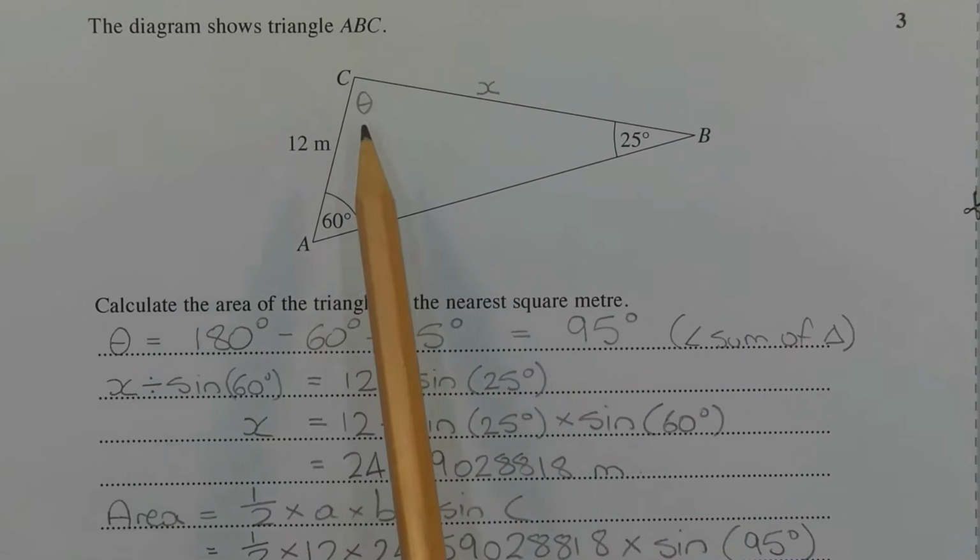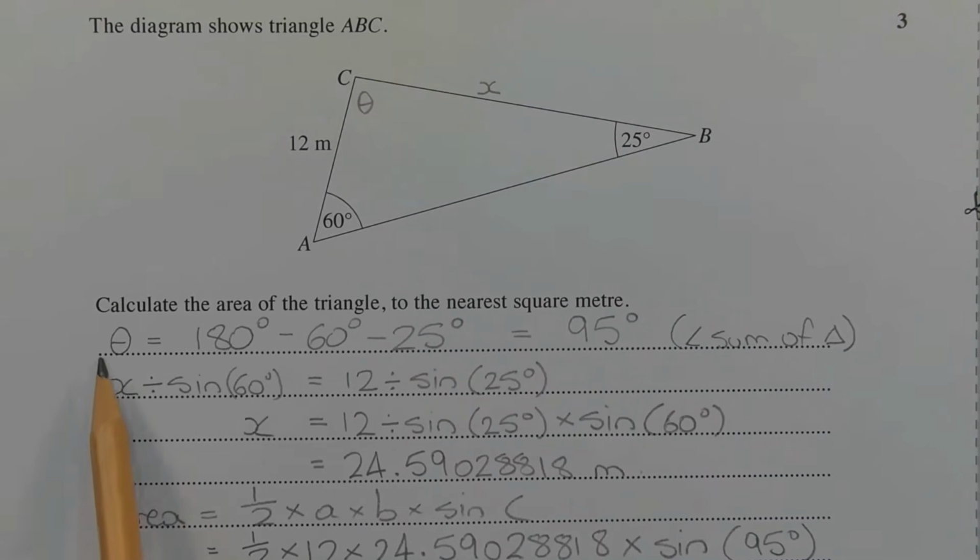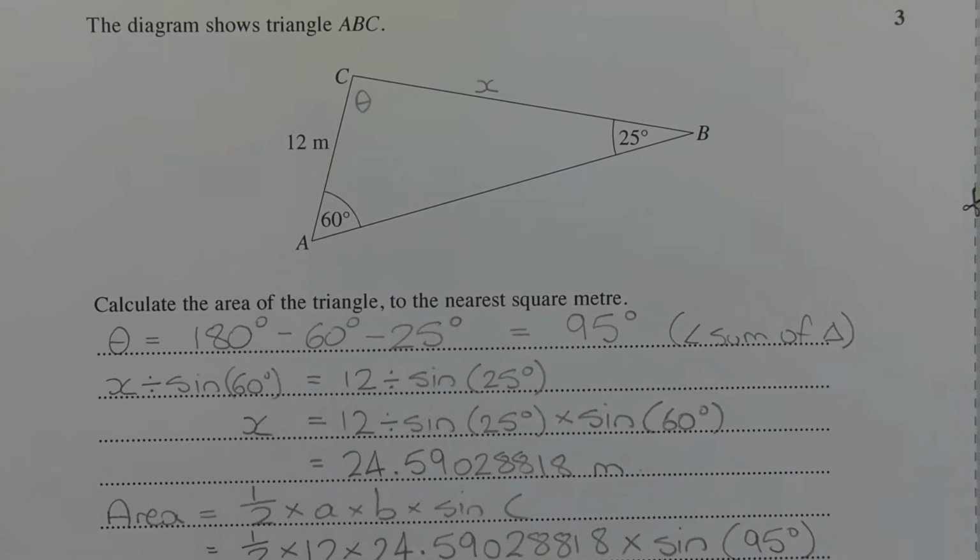So let's find the value of theta. So using the angle sum of a triangle property, in other words, all angles add up to 180 degrees in any triangle, theta is equal to 180 degrees minus 60 degrees minus 25 degrees, and that gives us 95 degrees. So this angle here is 95.